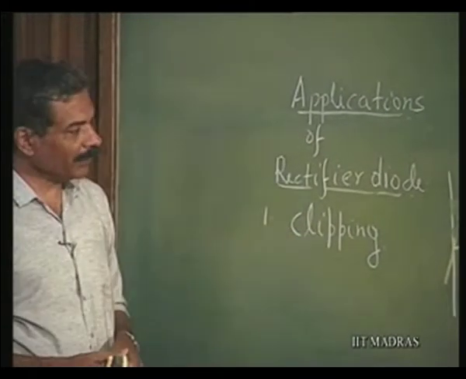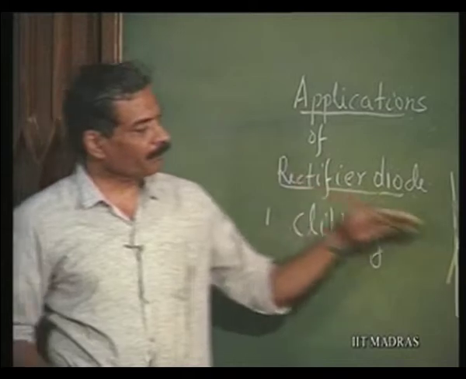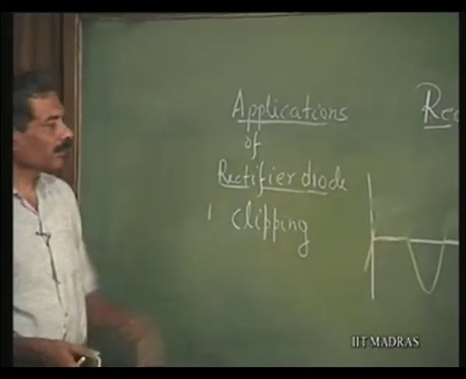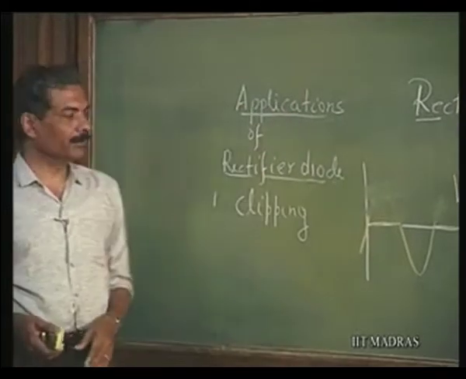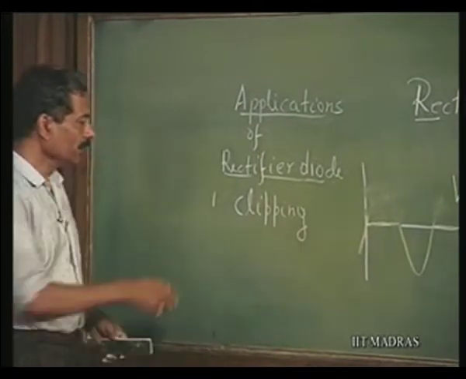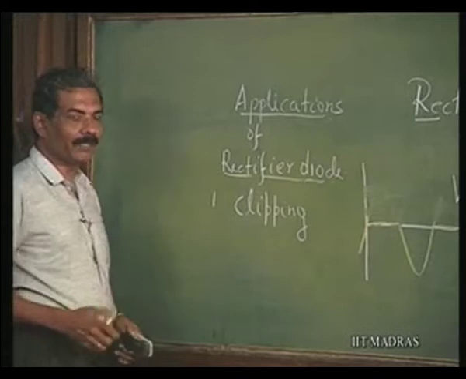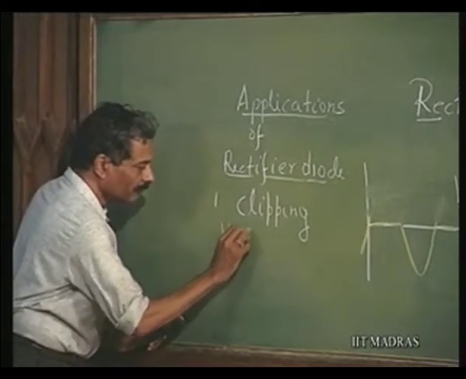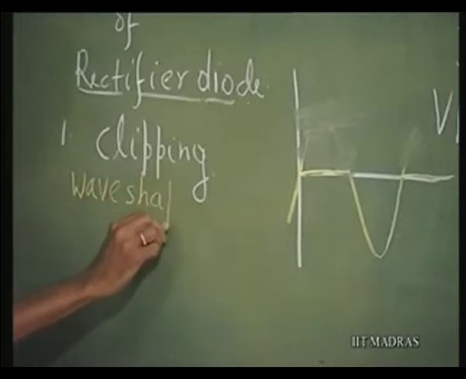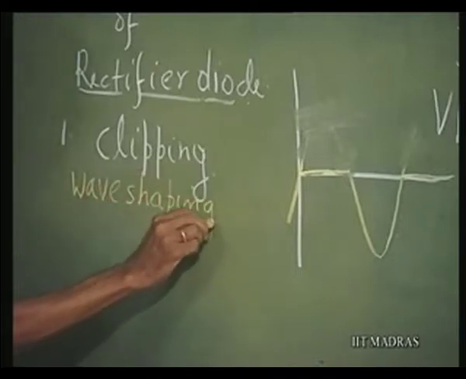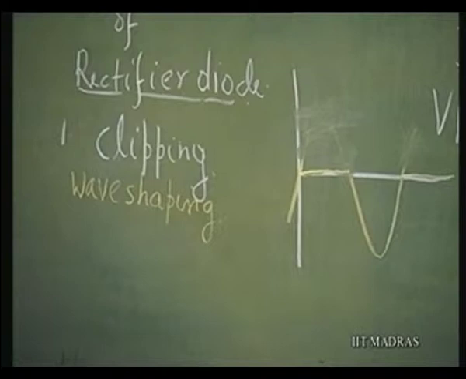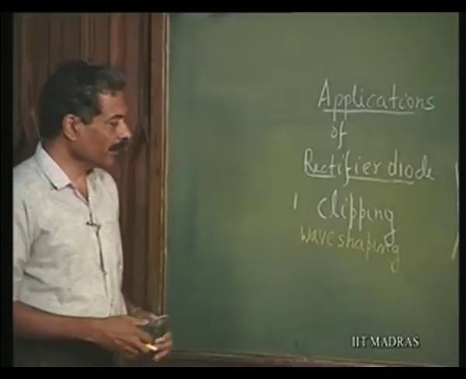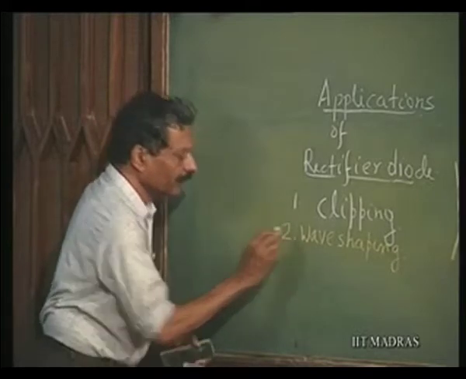You can do this clipping in any manner you want, clip off the top one, clip off the bottom one, or clip off only a portion of the top or a portion of the bottom. So, a variety of clipping operations can be done. So, this is mainly called wave shaping. In fact, using this clipping technique, you can do wave shaping.